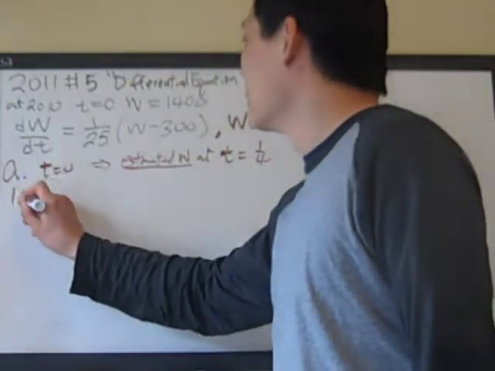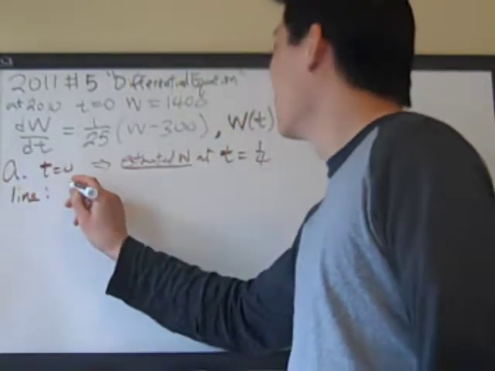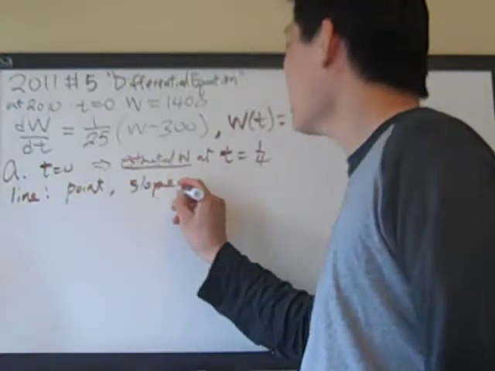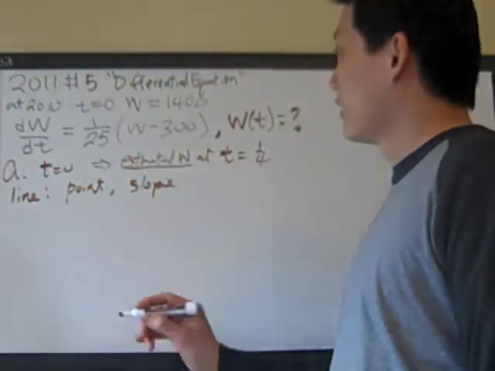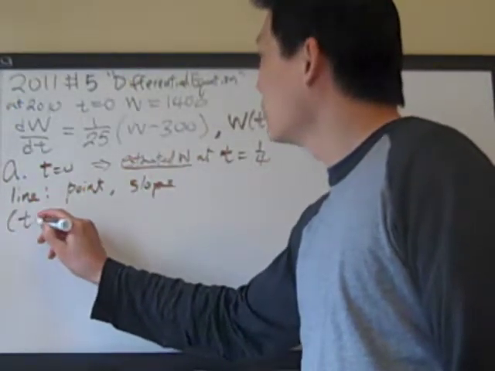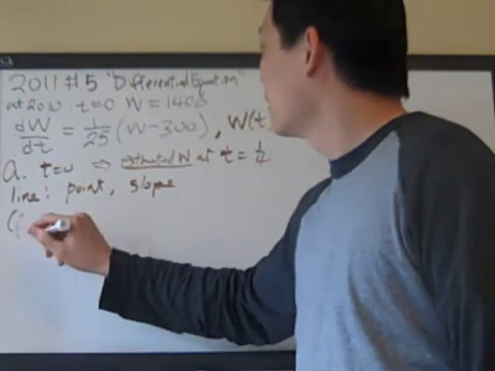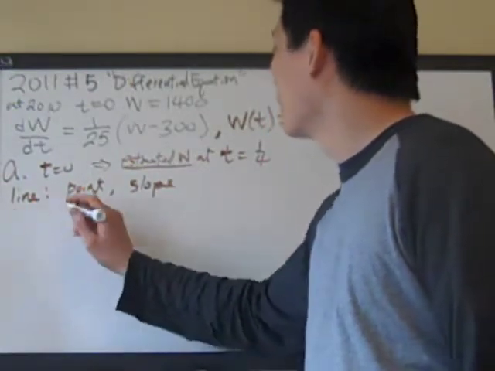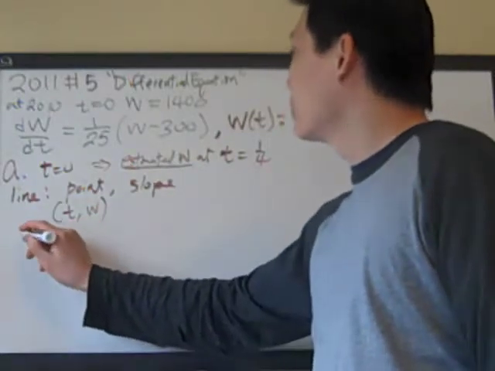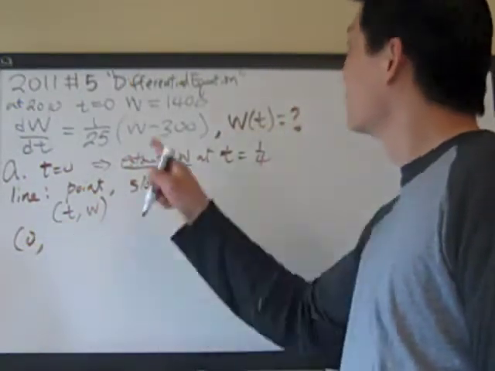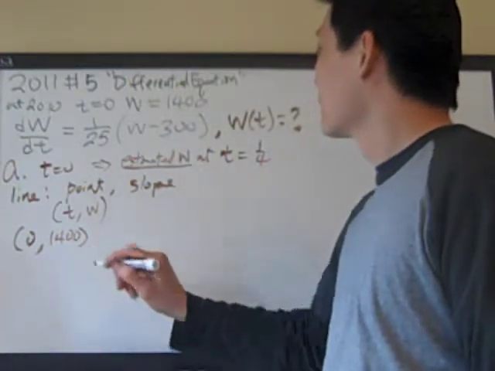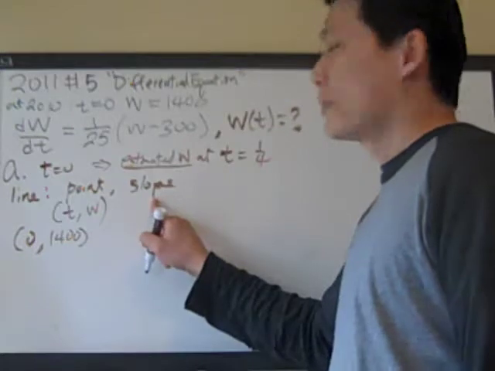Every time we need to find a line, that means we need a point and we need a slope. Now, a point is at t equal to 0. So the point here is t and W, but at time equal to 0, what's W? 1,400. What about slope?